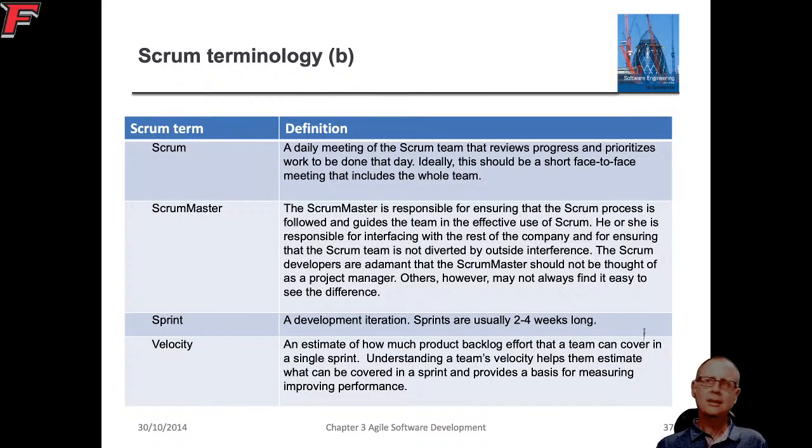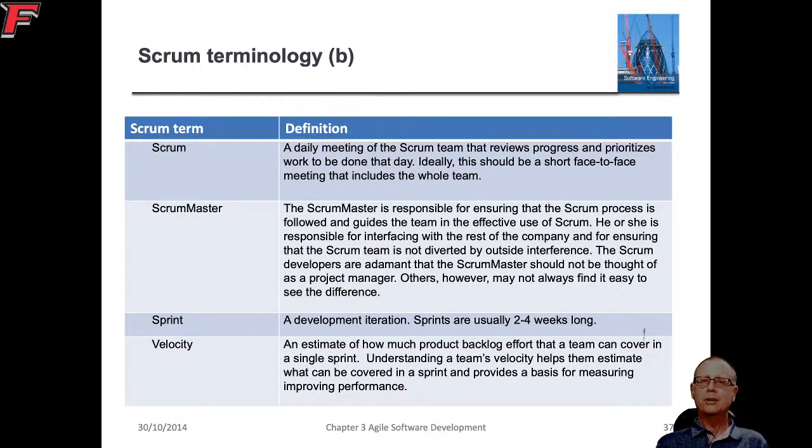The Scrum Master is sort of a project manager, but not. The aim with a Scrum Master is to help the effectiveness of the team, right? The aim for them is to remove obstacles for the team. A sprint is just what they call an iteration, and it's usually 2 to 4 weeks long.